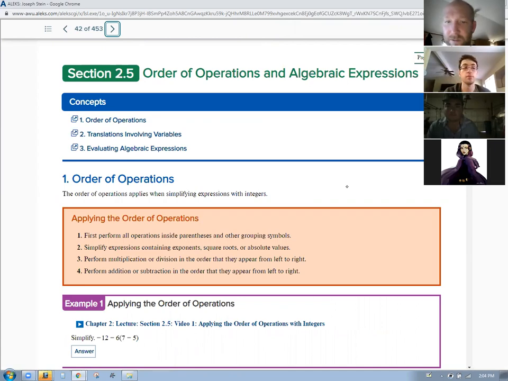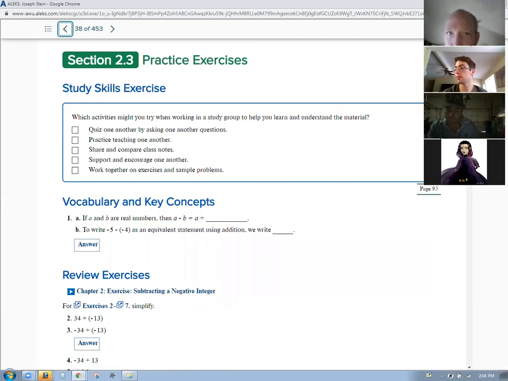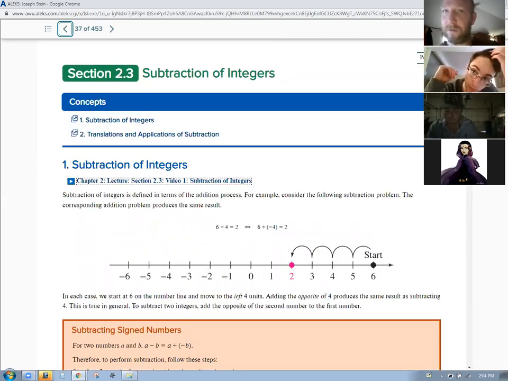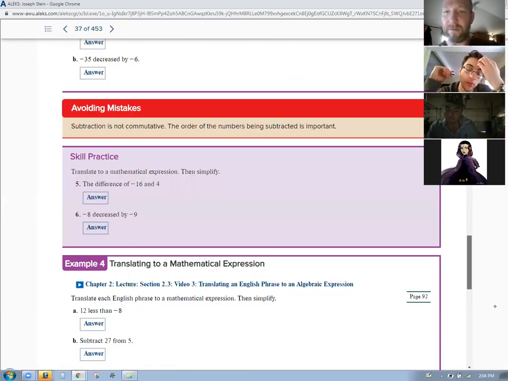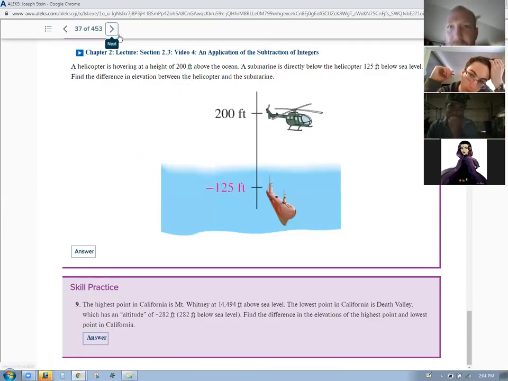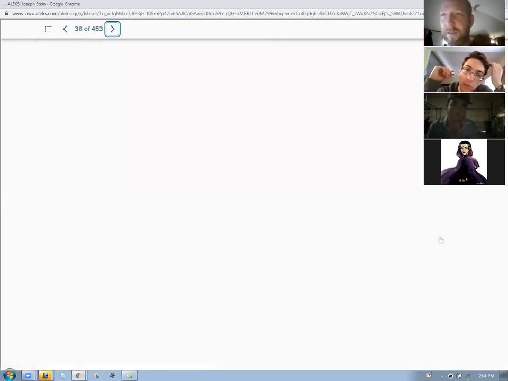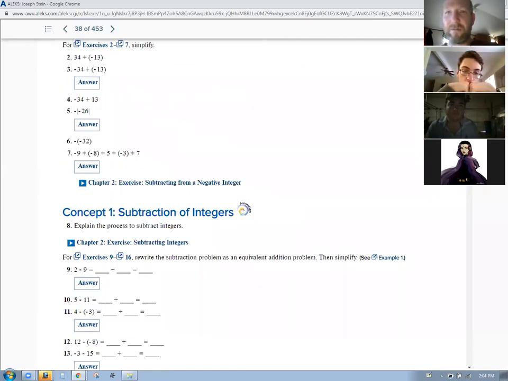Operations in algebra, no, we haven't gotten that far yet. We did 2.3. This platform is kind of difficult to navigate, but I'm sure I'll figure it out.